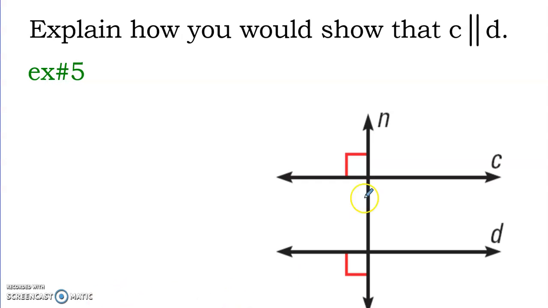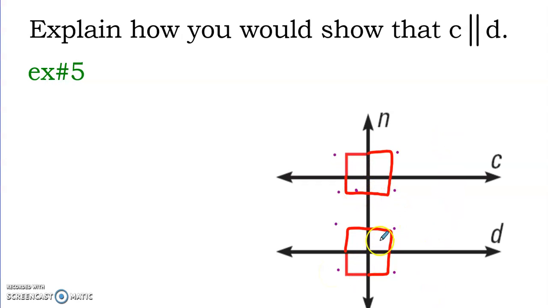We learned in section 3.2 that if one angle is 90 degrees, then all four angles are 90 degrees. Same thing down here. Since one of them is 90, all four are 90 degrees. So how can you show it? We can actually use any theorem here. We have these corresponding angles, so we could use the corresponding angles converse to show that they're parallel.